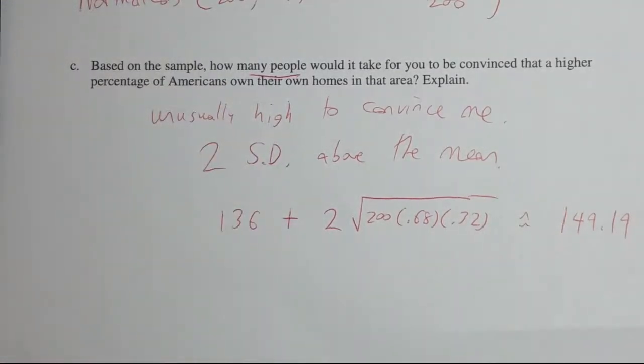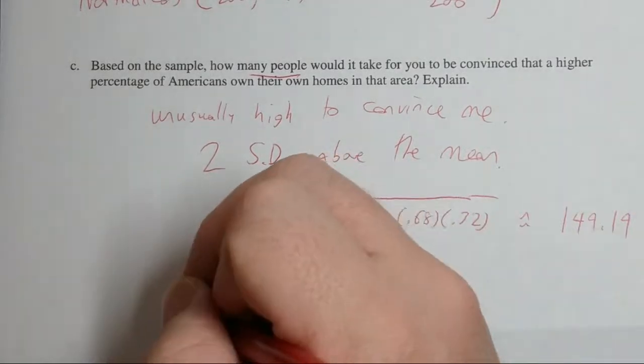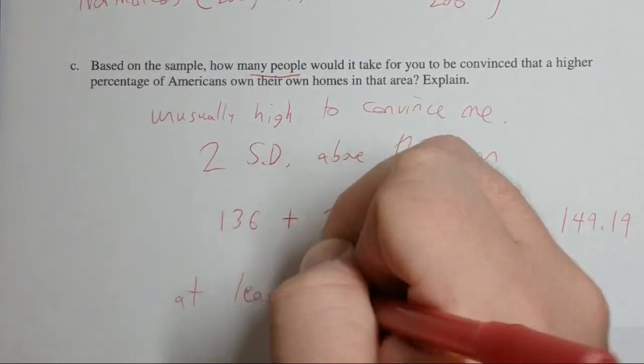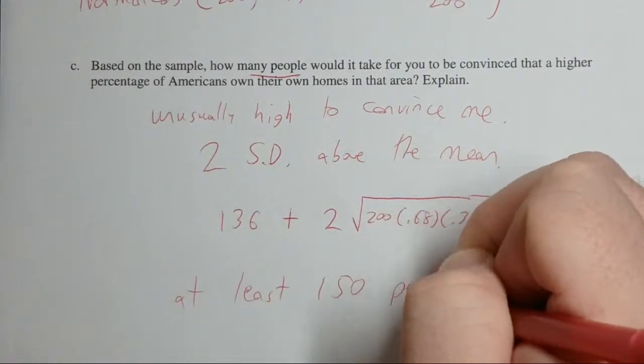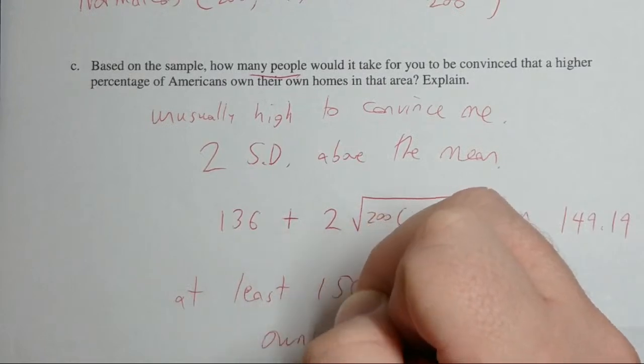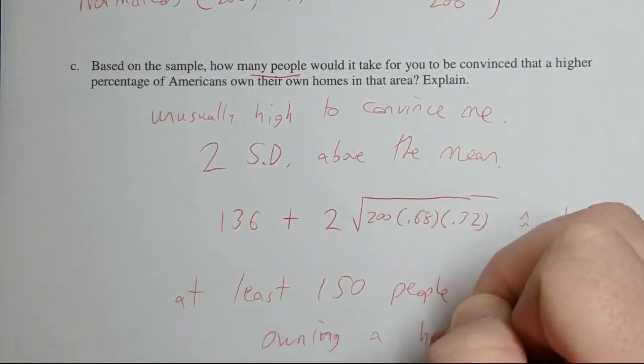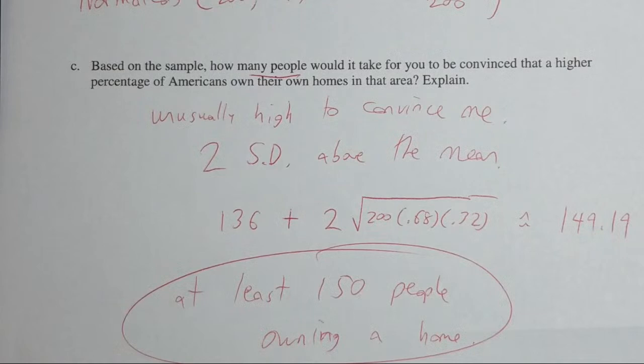If we're at 149, I wouldn't be convinced just yet, but at 150, it would take at least 150 people owning a home. That's what it would take to convince me in the context of this problem: 2 standard deviations above the mean.